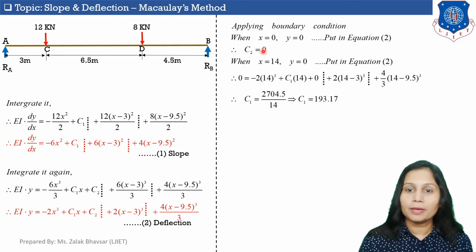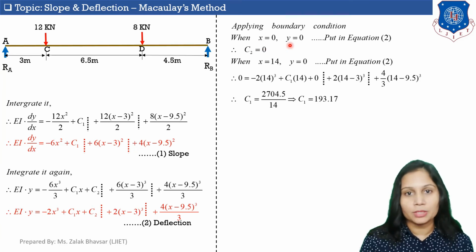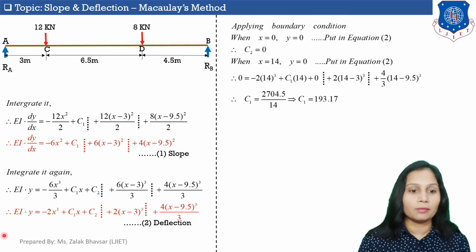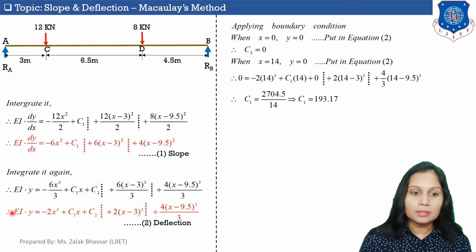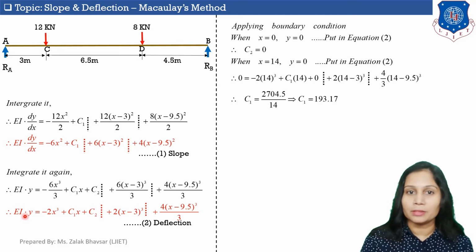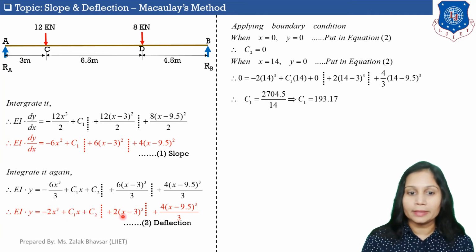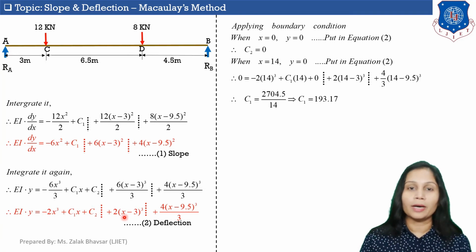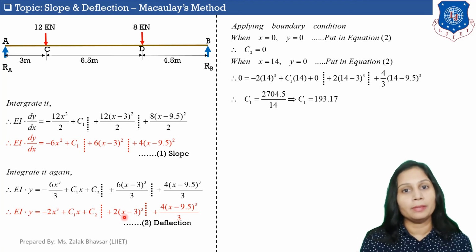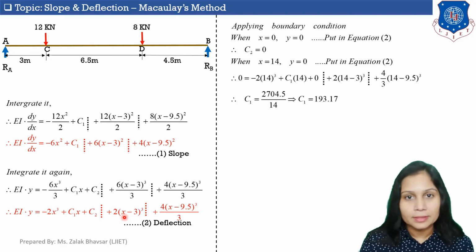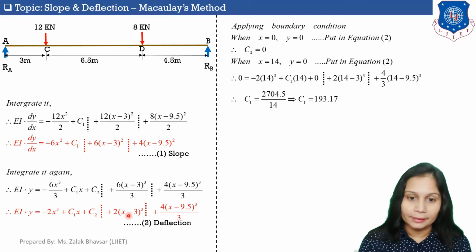So here if I put x = 0 and y = 0 in equation 2, this term will be 0 because y is 0. This term will also be 0, and C1 into x, with x being 0, will also be 0. C2 will remain as it is. Now for the quantity (x - 3), x is equal to 0, so the value of (x - 3) will be negative, and as per our assumption we will neglect this quantity.